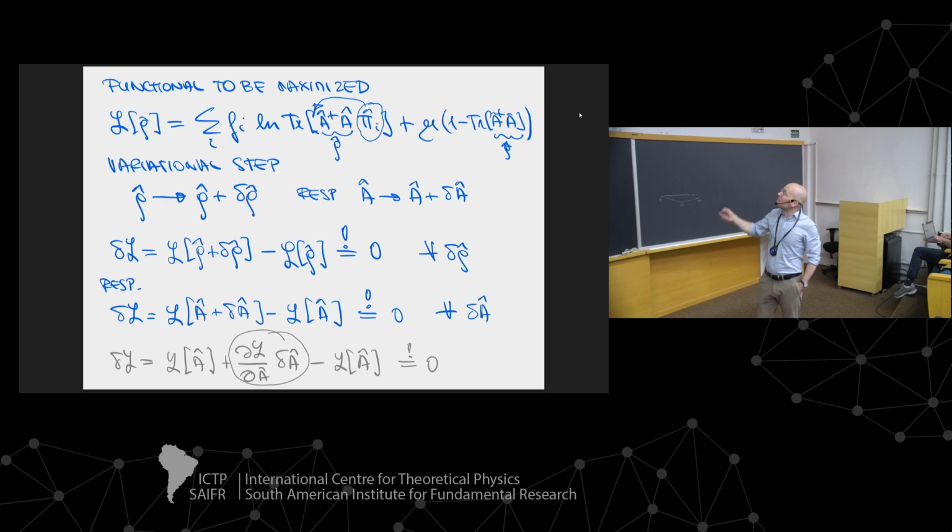Anyway, so let's make this variational step. This or this, we can actually make both, it doesn't matter. Yeah, slightly more correct is this way, so let's proceed with this.